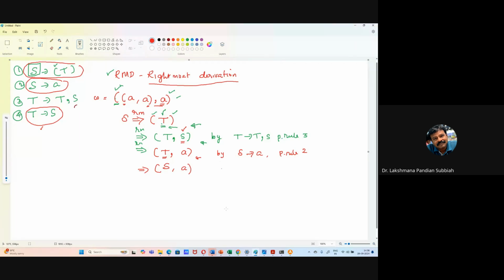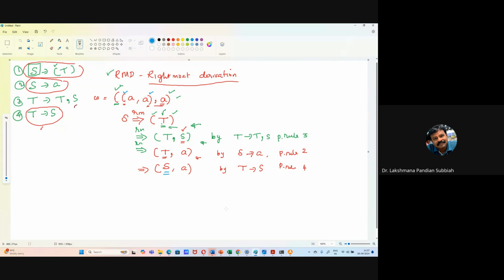Now, by what rule are you using this? T derives S, by production rule number 4. Then we are having now the rightmost, which is S only. So now you have to use S. You want to generate this open bracket and this open bracket and this close bracket.